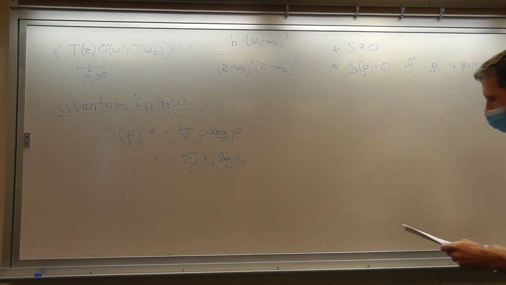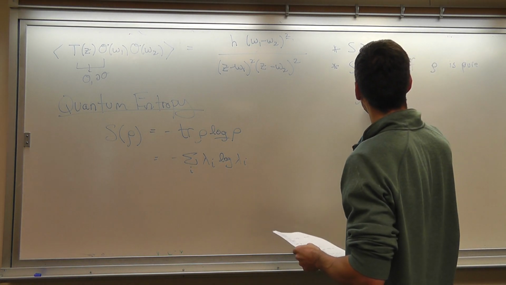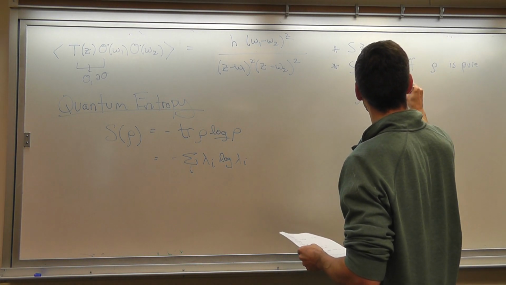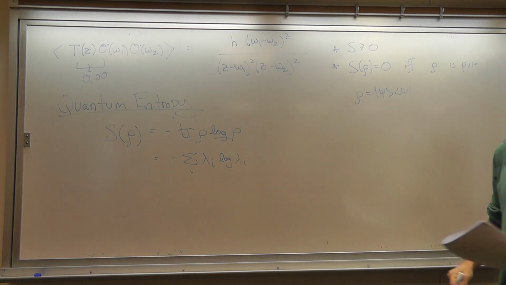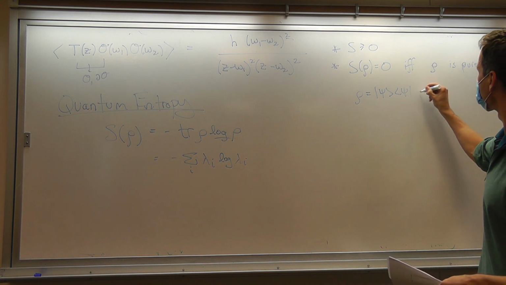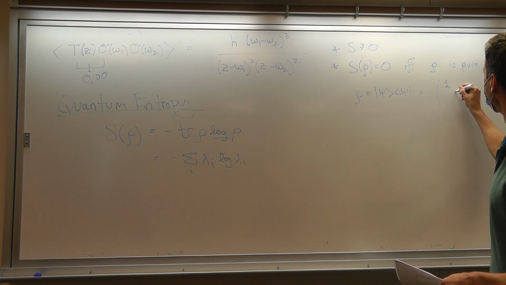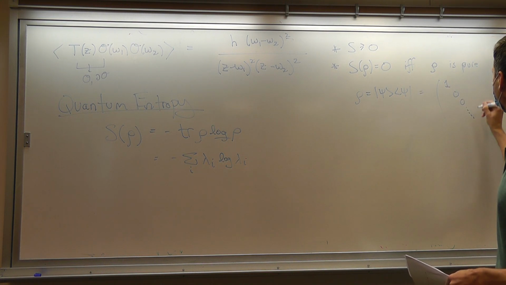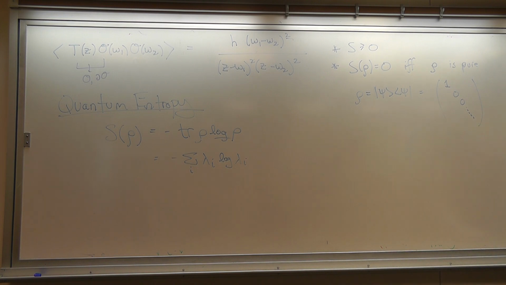So pure means that, I'm not going to prove both directions, but let me just convince you this is true. Pure means that you can write the density matrix as a projector onto psi. And that means that we can pick a basis where this is 1, 0, 0, etc., just by choosing a basis where the first entry is the psi state.